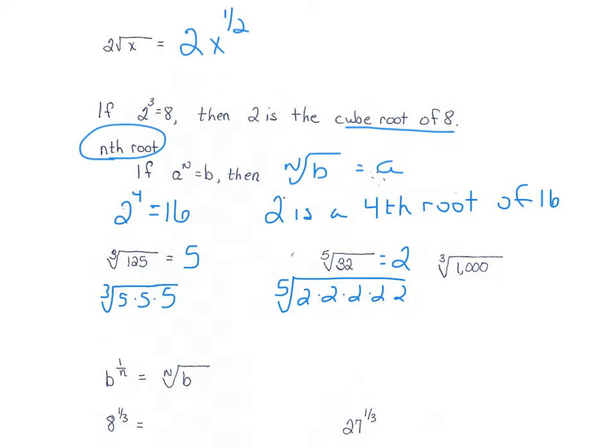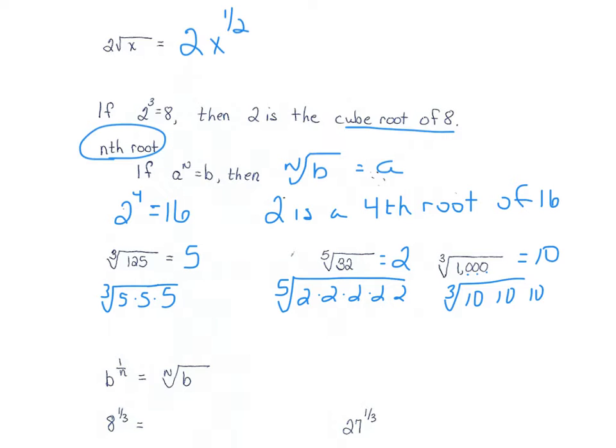If I want the cube root of 1,000, we know that 1,000 is 10 times 10 times 10. So the cube root of 1,000 is 10. Notice we got 3 zeros, so that tells us that the cube root of 1,000 is 10.